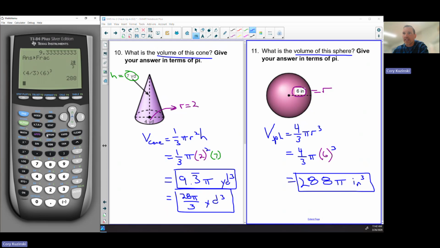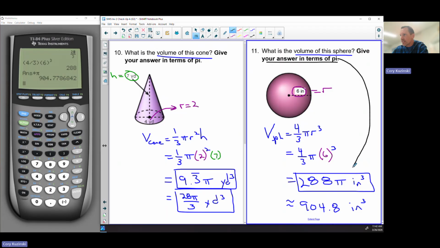Again, we could multiply this answer times pi, and we could say that it's about 904.8 cubic inches, but in terms of pi, yeah, in terms of pi would be this answer right here.